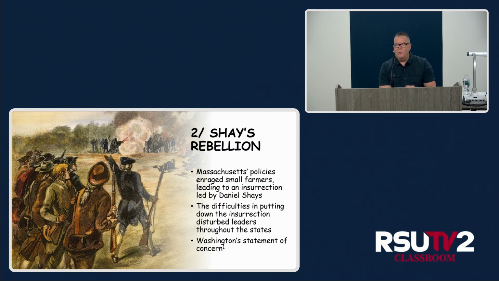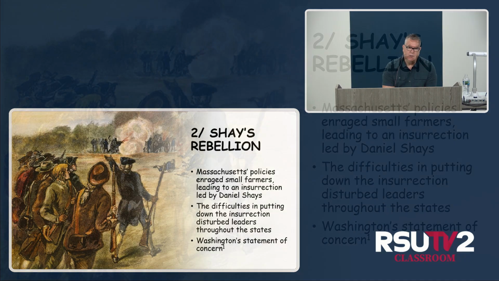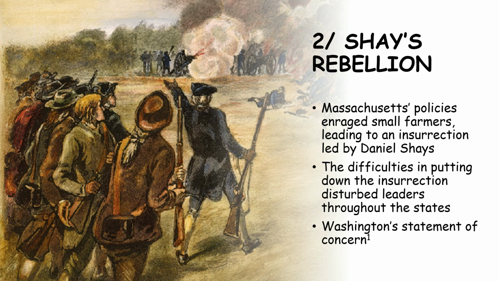One event that profoundly affected American political leaders was Shays' Rebellion. Massachusetts policies in the years after the war enraged small farmers. In particular, Massachusetts raised taxes and then basically said, we're going to pass a law: all taxes and back debts have to be paid, and they have to be paid immediately and in gold.